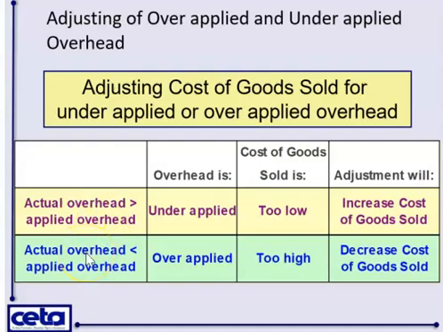And if our actual was less but we estimated it would be more, in this case we have over applied. If we over apply, that means we think our cost will be high, and if cost is high, our cost of goods sold will show less and our profit will be less.